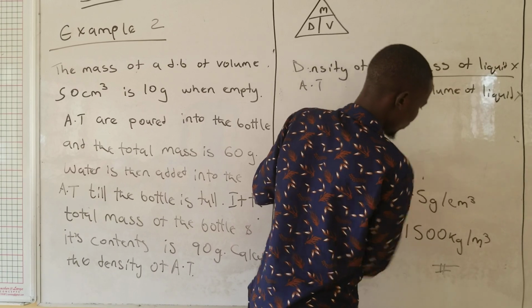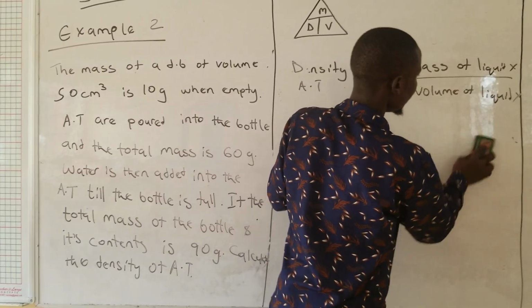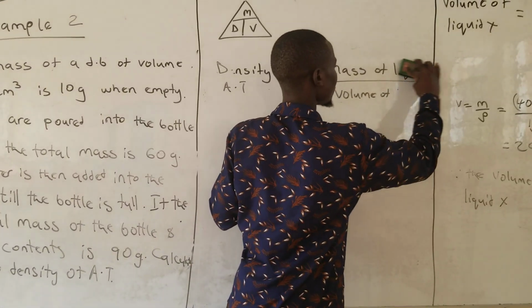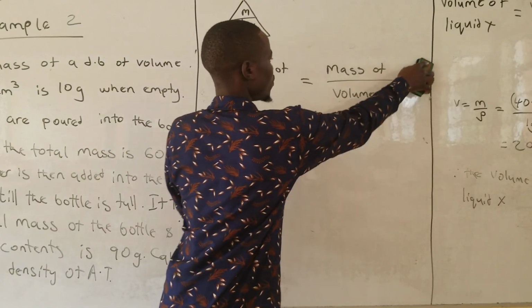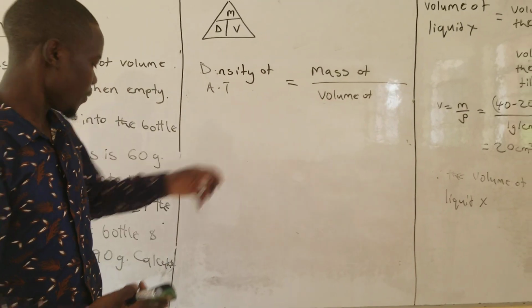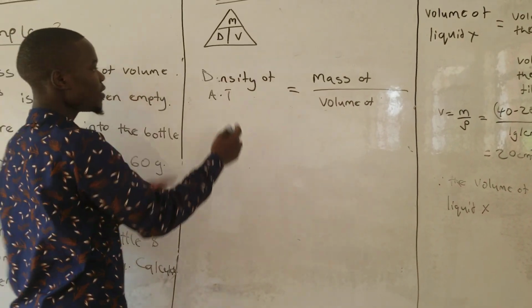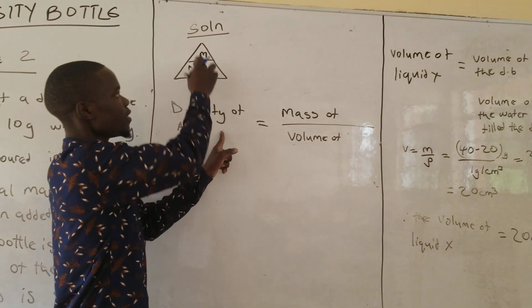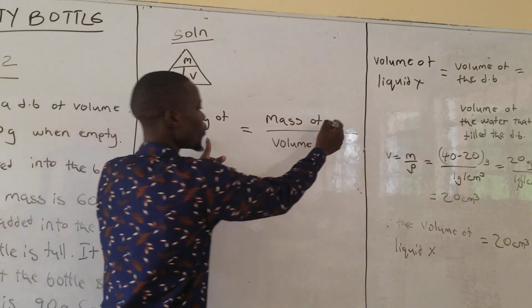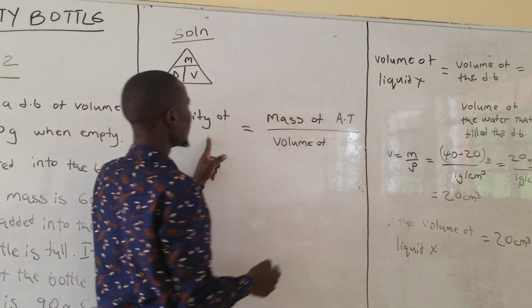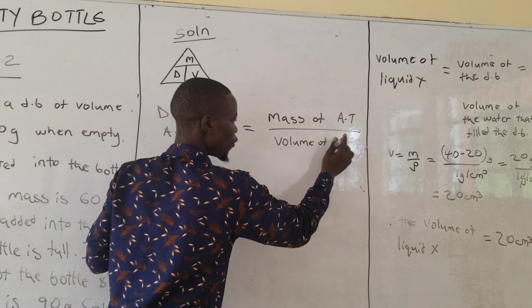Here is the solution. Let me clear this. So from our triangle here, I'll say that the density of aluminium tannings is equivalent to the mass of aluminium tannings over the volume of aluminium tannings.